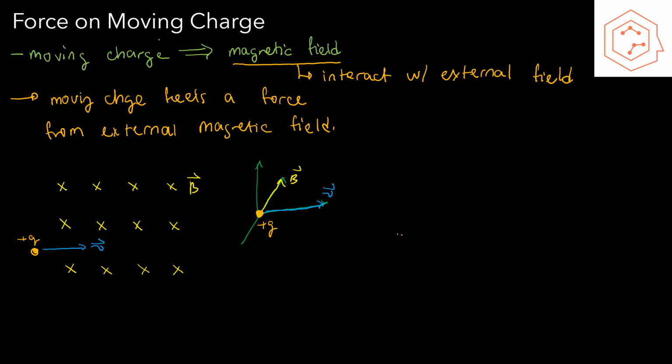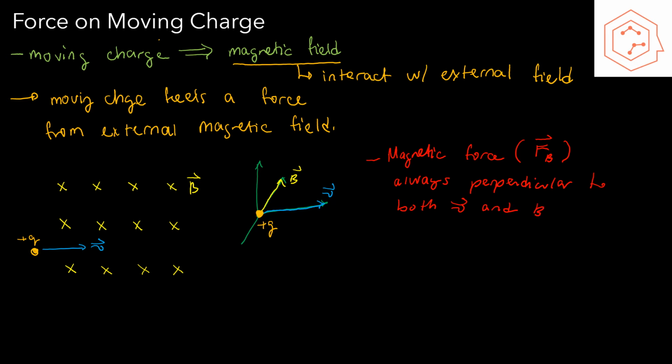It turns out that the magnetic force, which is denoted with an F sub B, is always perpendicular to both the velocity vector and the magnetic field vector.